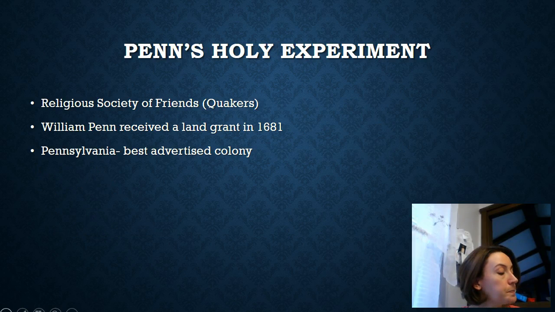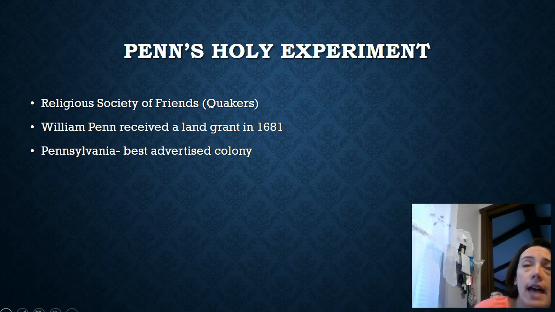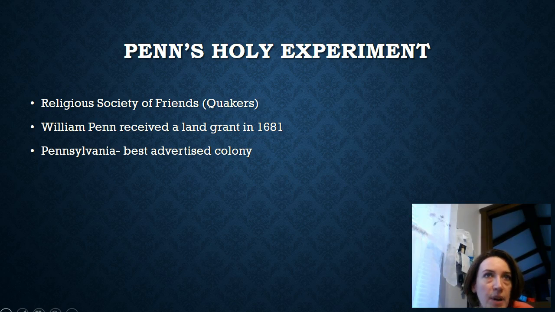Okay, another middle colony is Pennsylvania, and it's built by William Penn, who received a land grant for a debt owed to his father. William Penn was very friendly with both Charles II and James II. He's well known in England, but he becomes a Quaker, or a member of a group called the Religious Society of Friends. It's a movement that was looking for a low-key alternative to religion.